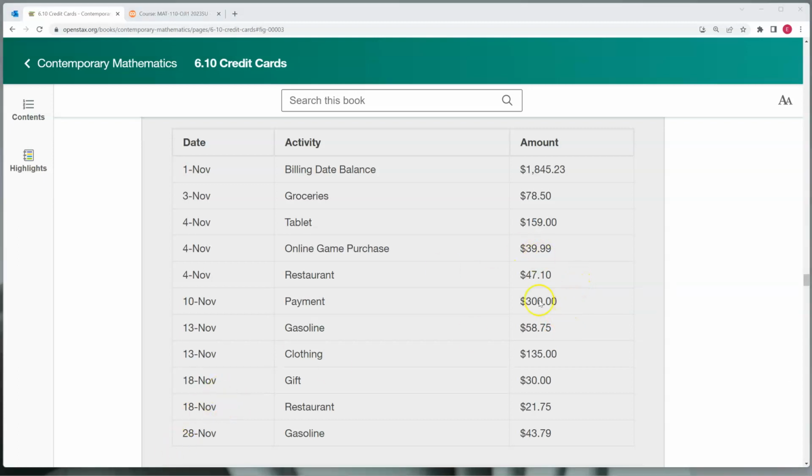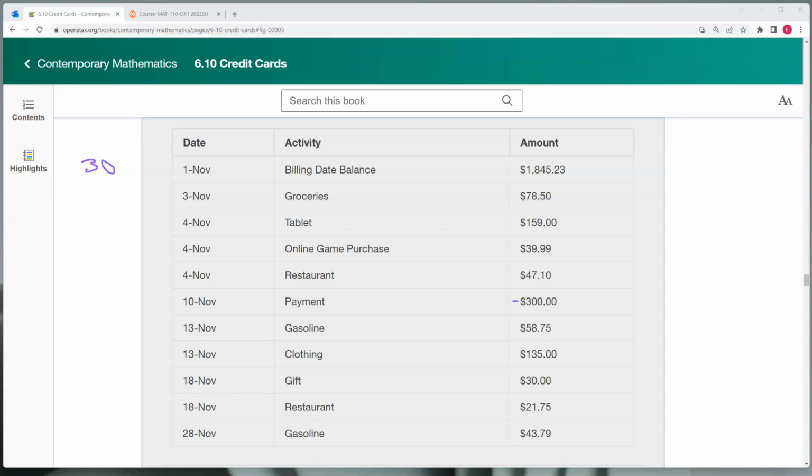So I'm going to grab a pen and put a minus here because this is a payment that's going to subtract from the total amount. And we're going to figure out how many days, because we need the total number of days. We're looking at 30 total days.